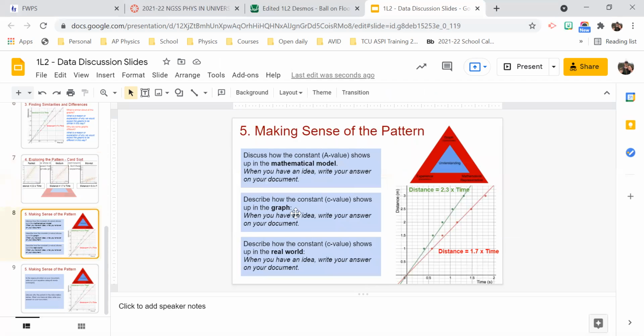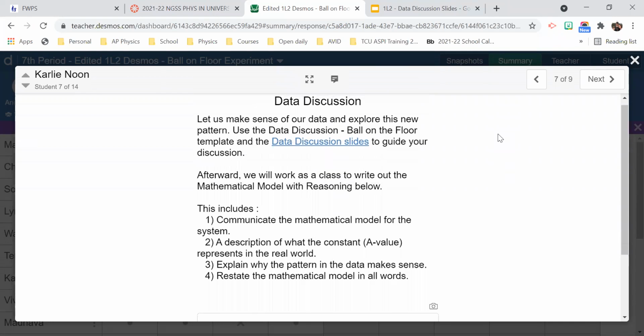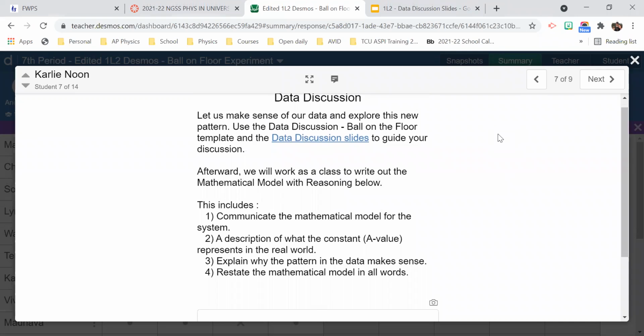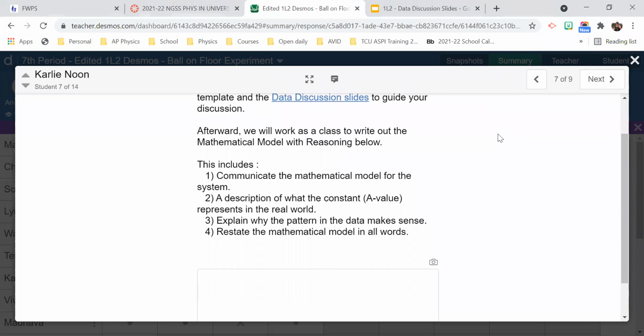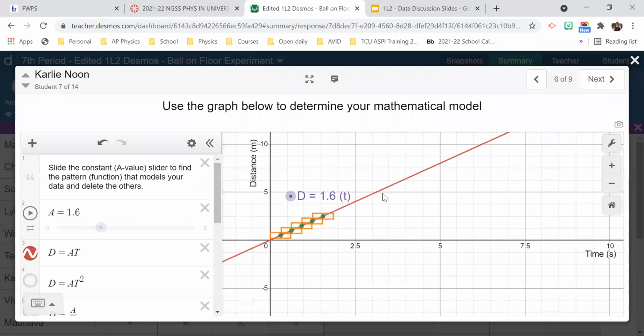All right, so these questions should look familiar because they're the same questions that are here on this dreaded slide 7 that hardly anyone did. So let's look through it. We are going to communicate the mathematical model for our system. Y'all, that is this right here.